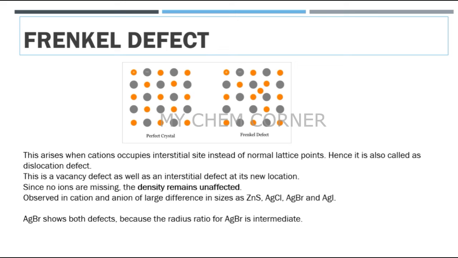They are intermediate, so they can show both defects: vacancy and interstitial. Both Schottky and Frenkel are observed in the case of AgBr. That is one of the questions they can ask for a mark in the exam. Why does AgBr show both defects? It's only because the radius ratio between Ag and Br is intermediate. They're not too small, they're not too big differences.